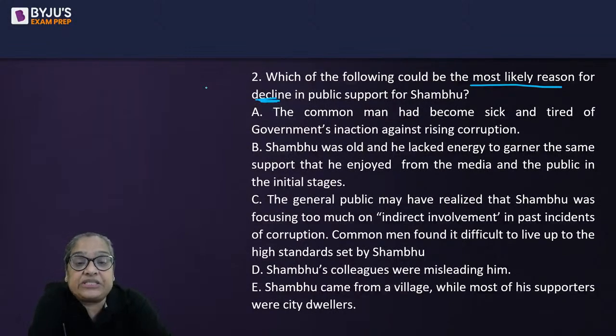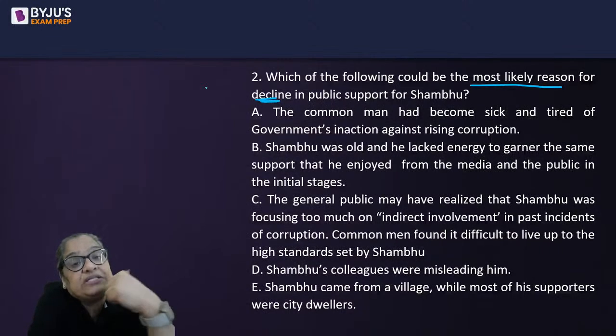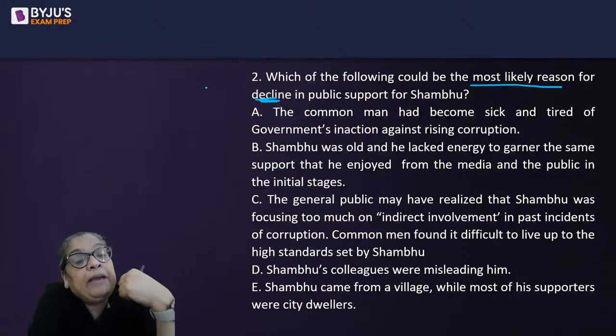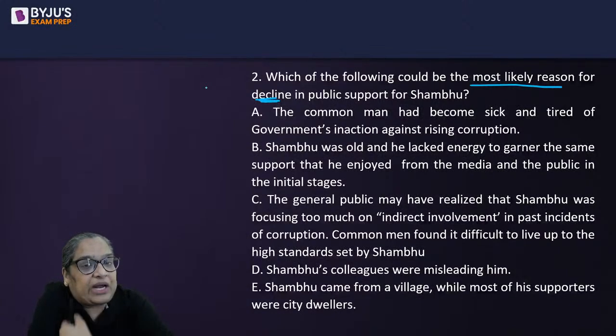The question is asking, what is a likely reason that there is a decline in support? Remember, he used the publicity that the media gave him to push his agenda that only people with an unblemished record can be allowed to hold high office. Right? That was his agenda.